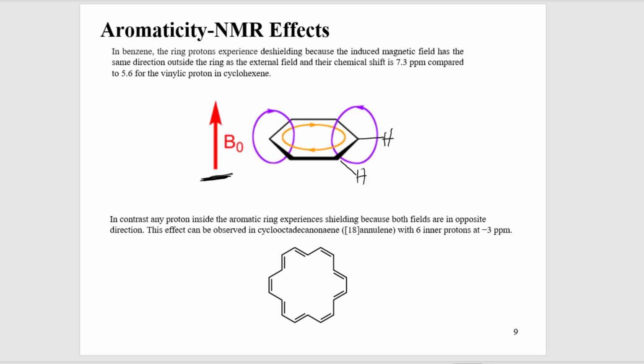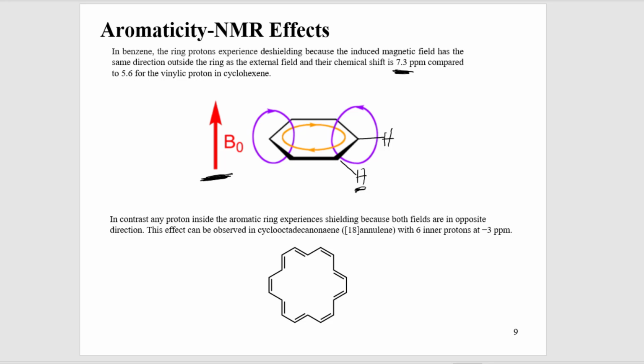So when you have this deshielding effect, these hydrogens on the outside have this purple, the external field, and the induced magnetic field in red, they're in the same direction.